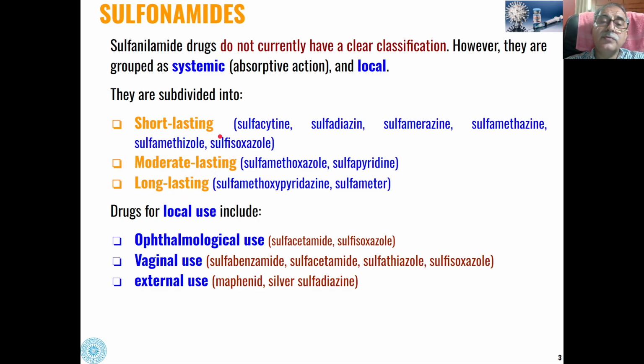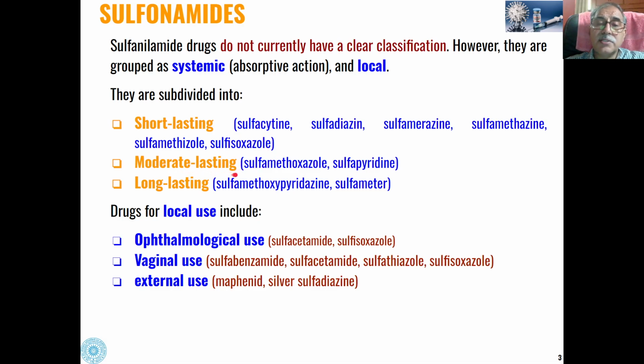In the category of short lasting sulfonamides, we have sulfastine, sulfadiazine, sulfamerazine, sulfamethoxine, sulfamethiazole, and sulfa-isoxazole. All these are under the category of short lasting sulfonamides.